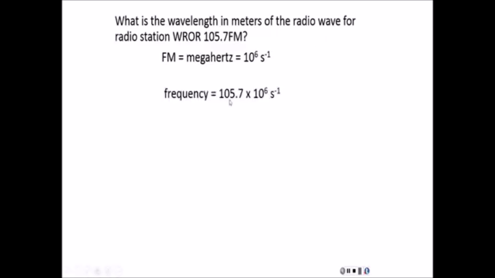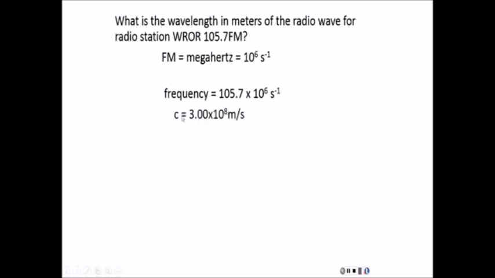So this is what we're going to be using in the problem. So you could do the same thing for any FM radio station. Just take the number of the station and multiply it by 10 to the 6th hertz, and that's its frequency. Now what about AM? Well, AM broadcasts in kilohertz, so instead of 10 to the 6th, it would be 10 to the 3rd. You might see a problem in the textbook that asks you about FM stations.